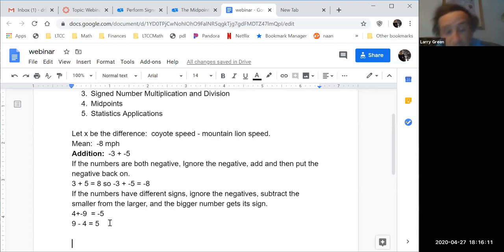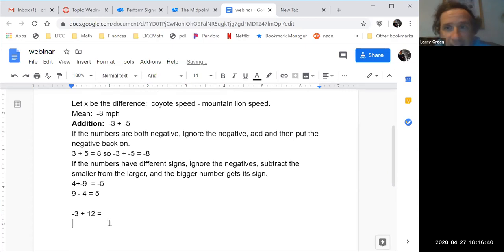Okay, I could do another example. How about -3 plus 12? Let's see if you can do that one. Okay, most of you have it, but let's work this out.